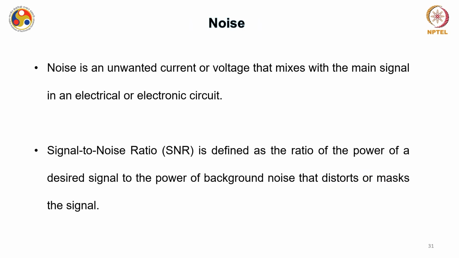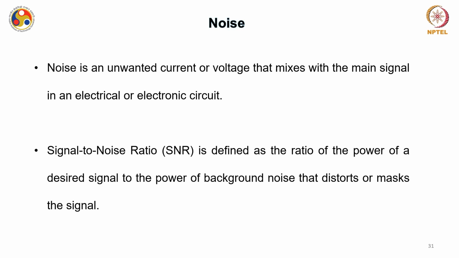Another static characteristic which is very important for understanding measuring instruments is noise. Noise is basically an unwanted current or voltage which mixes with the main signal in an electrical or electronic circuit. Mostly we use SNR to characterize this.